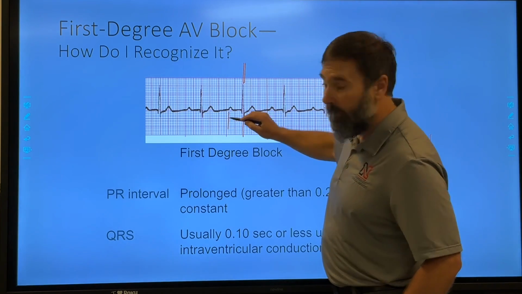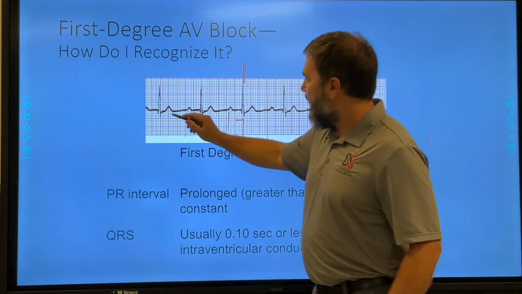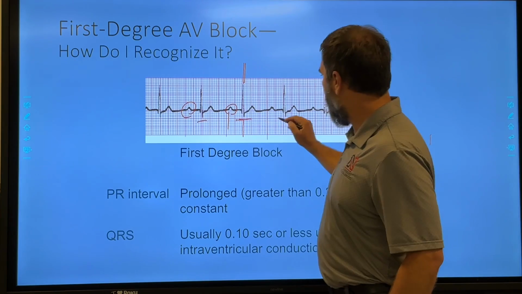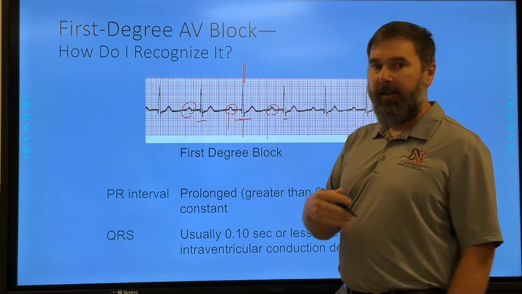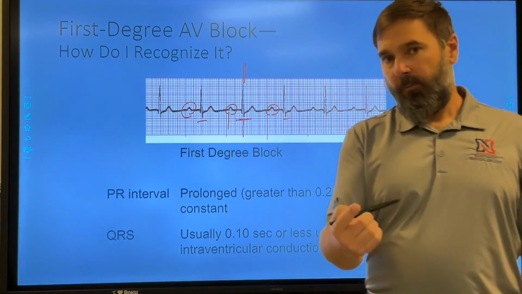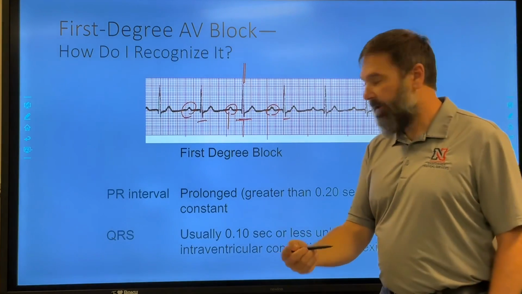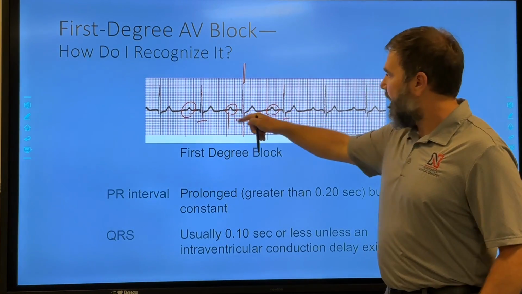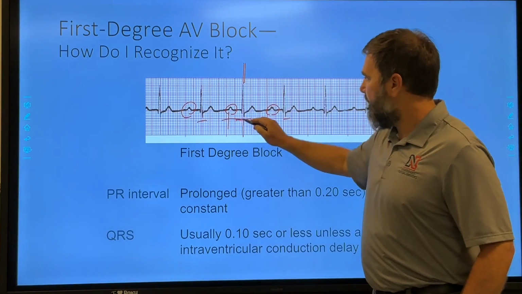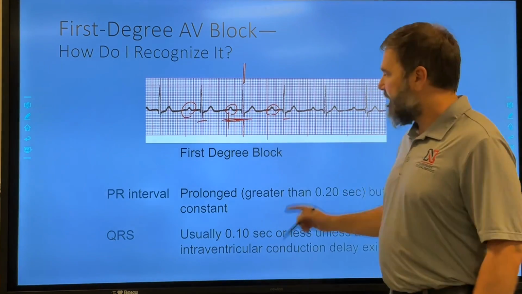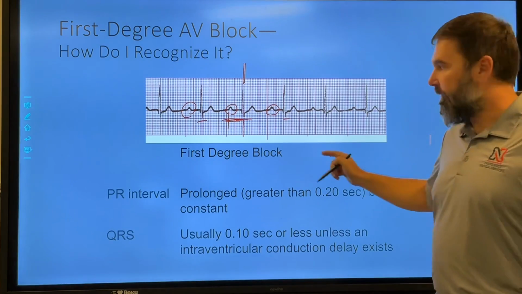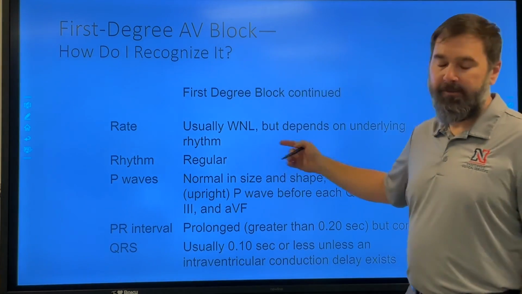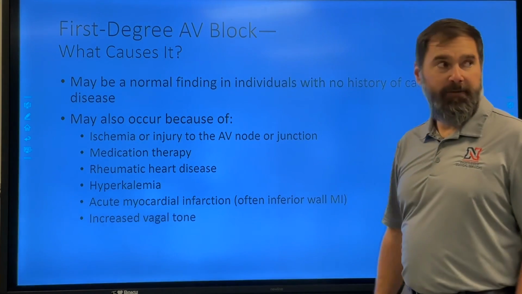So notice we've already exceeded that. We have one P wave for every QRS, narrow complex, rhythm regular. The only difference is our extended PRI. So by definition and by rules, we have a first degree block, or in this case, a sinus rhythm with a first degree AV block.